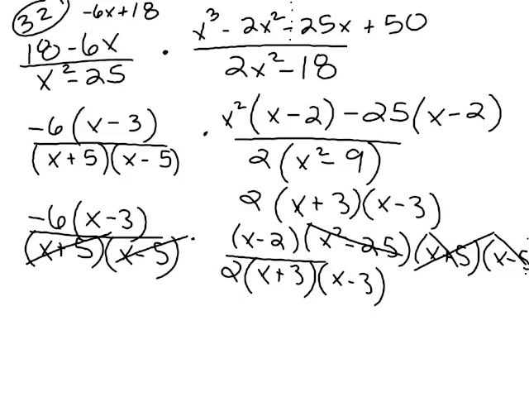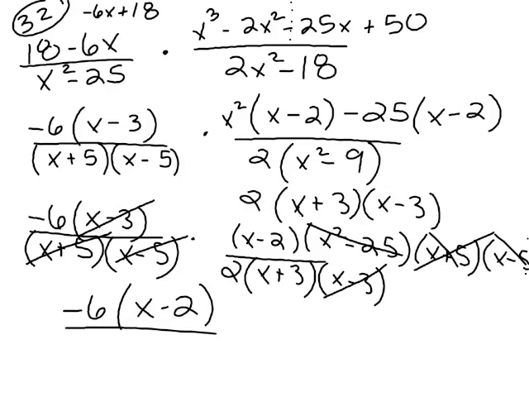What else can cancel? X minus 3. What am I left with? Negative 6, x minus 2 on top, over 2, x plus 3 on bottom. Okay, can I simplify anything else?